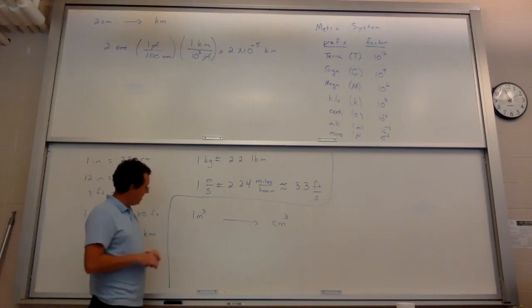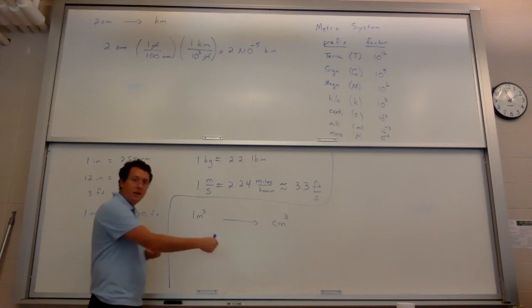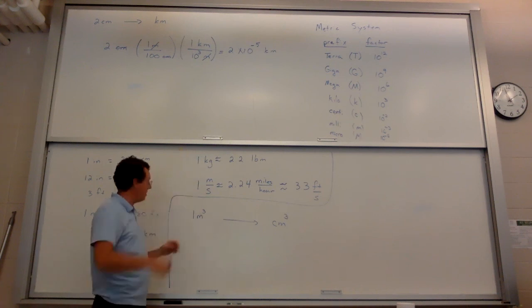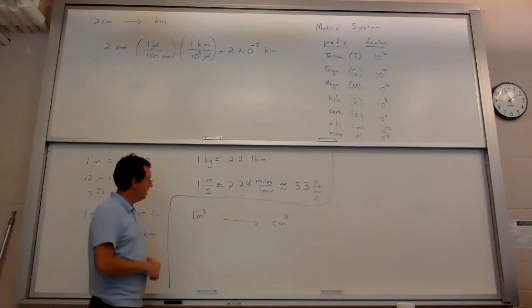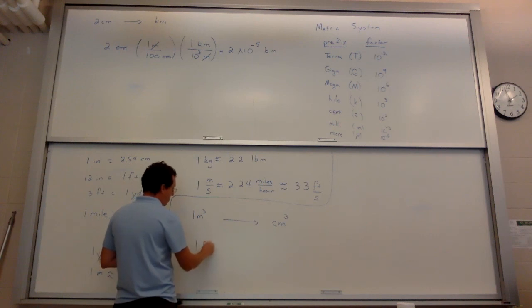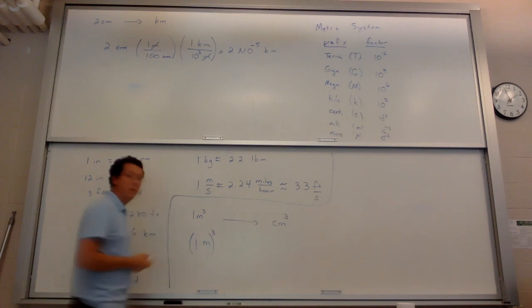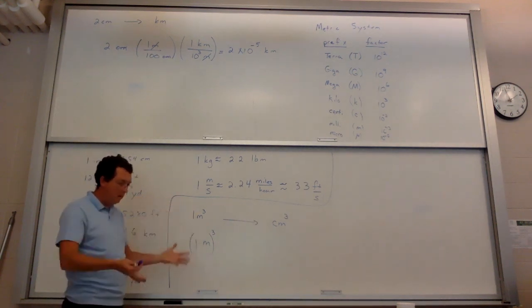To do that, I would go back to thinking about how we find the volume of a box: length times width times height. So that means meter times meter times meter. I could write this as 1 meter, quantity cubed. So 1 meter cubed is the same as 1 meter, quantity cubed.